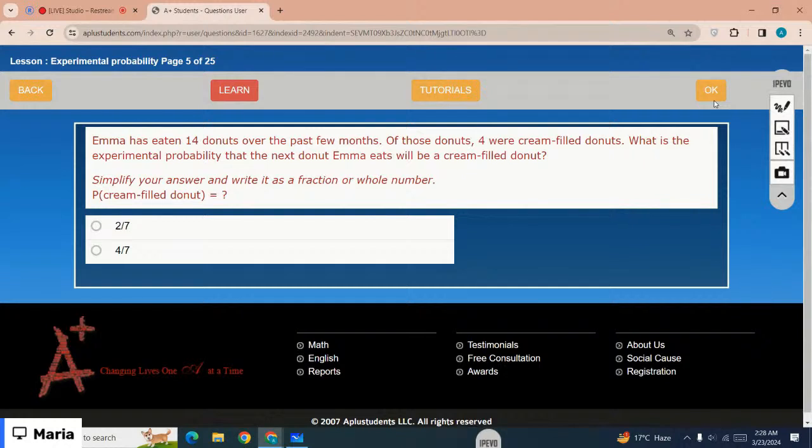Emma has eaten 14 donuts over the past few months. Of those donuts, 4 were cream filled donuts. What is the experimental probability that the next donut Emma eats will be a cream filled donut? So, which is the correct option?